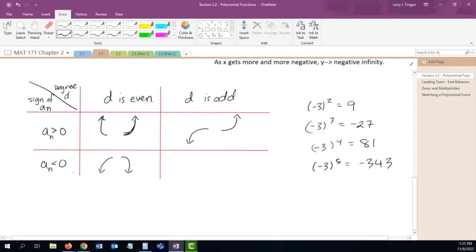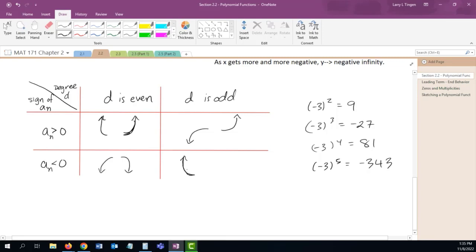Now, what happens when the leading coefficient is negative and the degree is odd? Well, this gets flipped. So instead of the function going toward negative infinity as x goes toward negative infinity, it now goes toward positive infinity. Why? Because x raised to that power is negative, and the leading coefficient is negative.